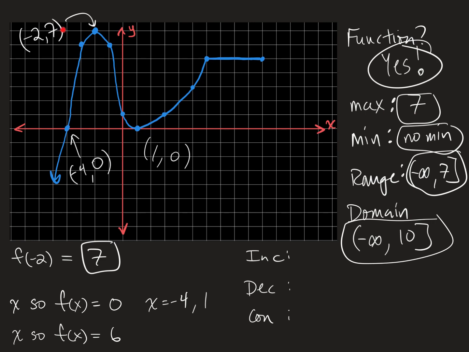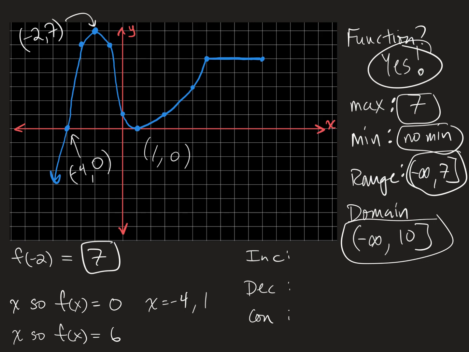The x value of -4 only has one y partner. And the same thing can be said about 1. If you put 1 in for x, that's saying f of 1 is 0, so that x value of 1 is paired up with a y value of 0. Are there any other y values paired up with an x value of 1? Nope, just this one.